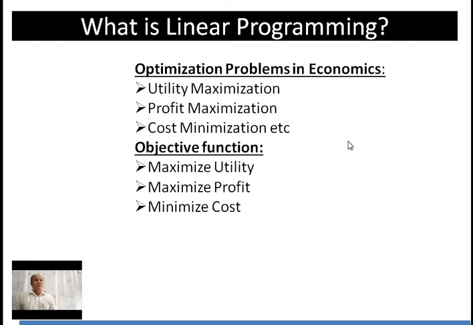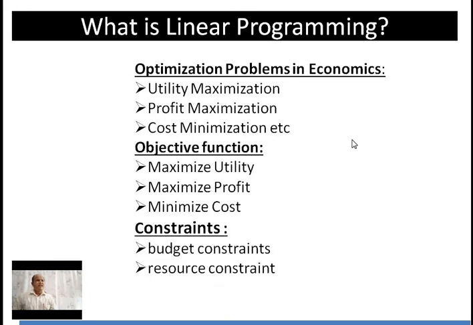Now to maximize utility of a consumer, he has some obstacles like level of income or money available in his pocket. So to maximize utility, he has a constraint, and that constraint is known as budget constraint.